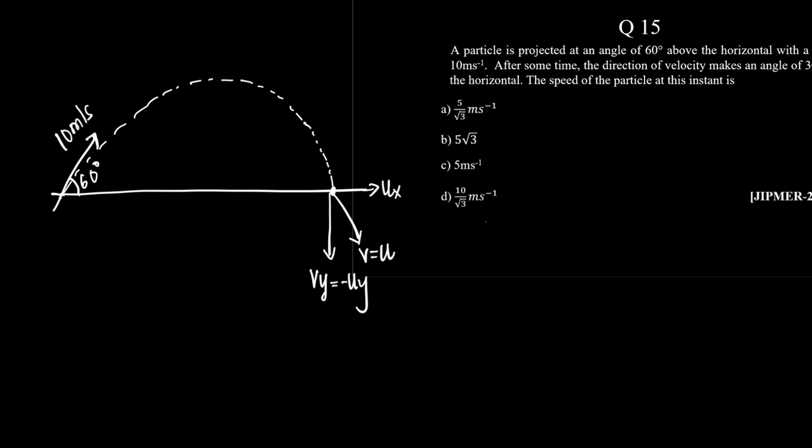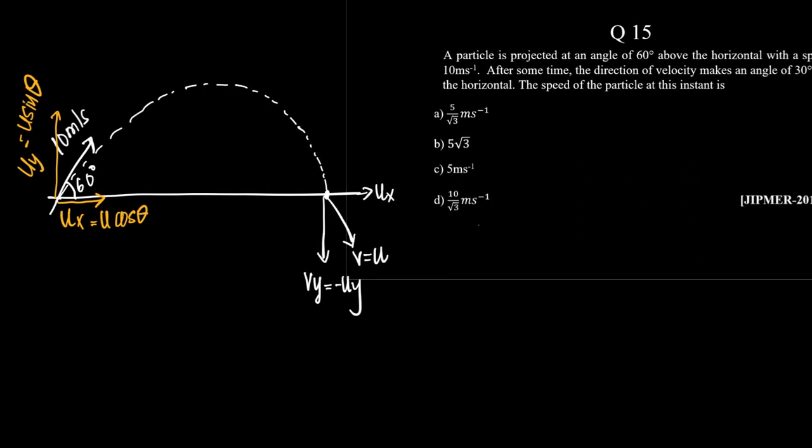And if you resolve this component here, what is this along the horizontal? This is ux, and what we have along the vertical is uy. And what is ux? Ux is u cos theta. What is uy? It is u sin theta.